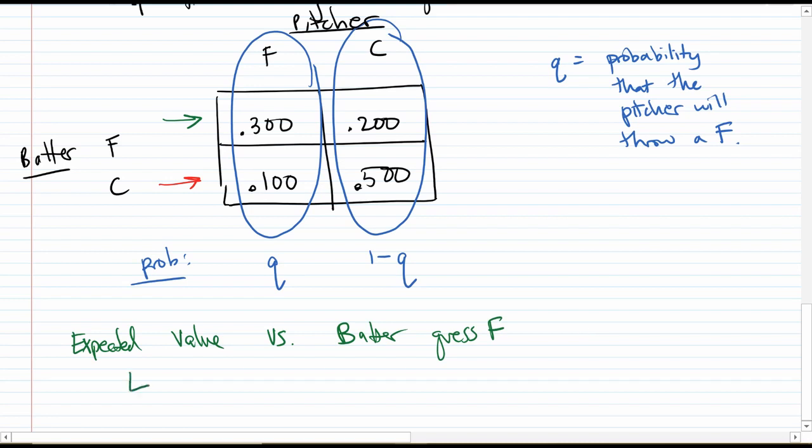And I'm going to abbreviate this again, EV versus F. Now don't be confused, I did EVF before, but that was for player 1. This is a different EVF. And the expected value versus the batter guessing curveball. Just like before, I'll abbreviate this, EV versus C.